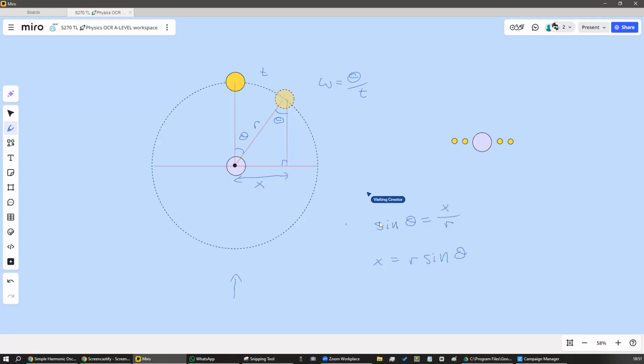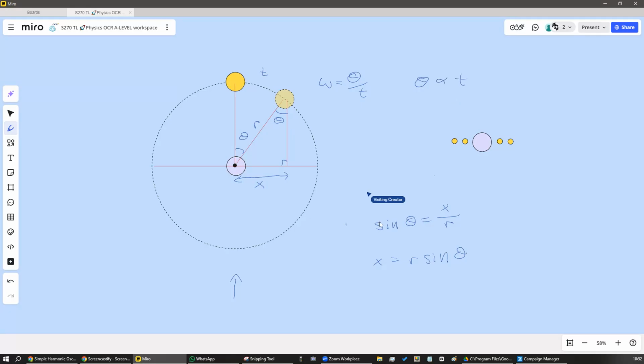We know that because we're moving at a constant speed around this circle, if we're moving at a constant angular velocity, then theta is proportional to time.